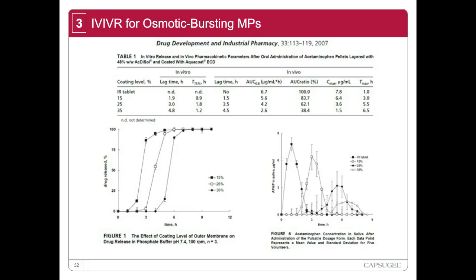As the lag increases in vitro, the lag and Tmax increase in vivo as desired, as shown on this particular case study. So osmotic bursting generated by fluid bed coating is a powerful formulation option for those indications where timing is of the essence.